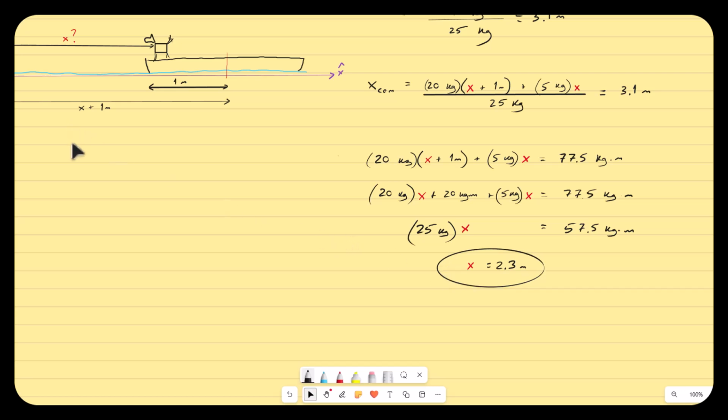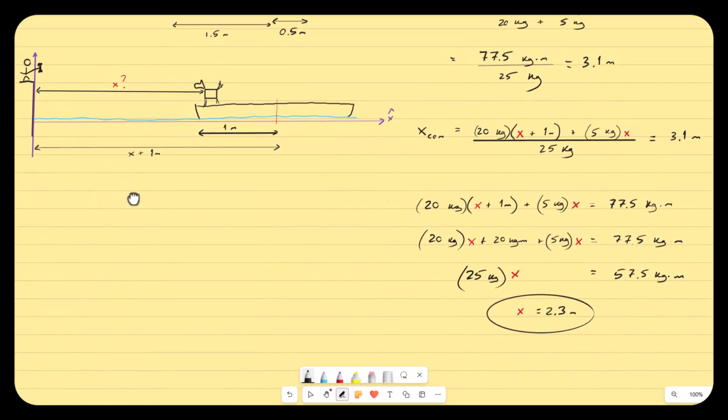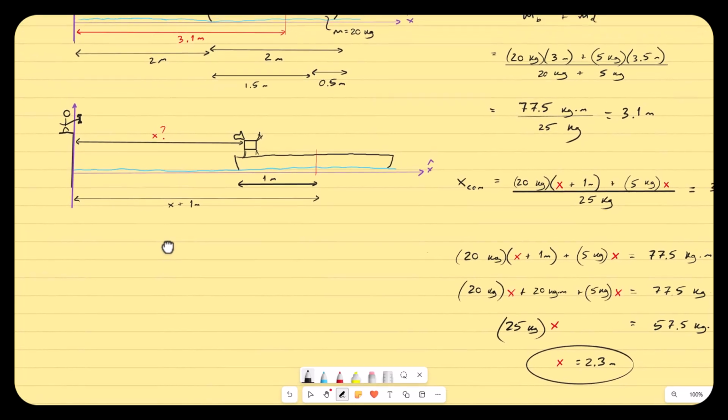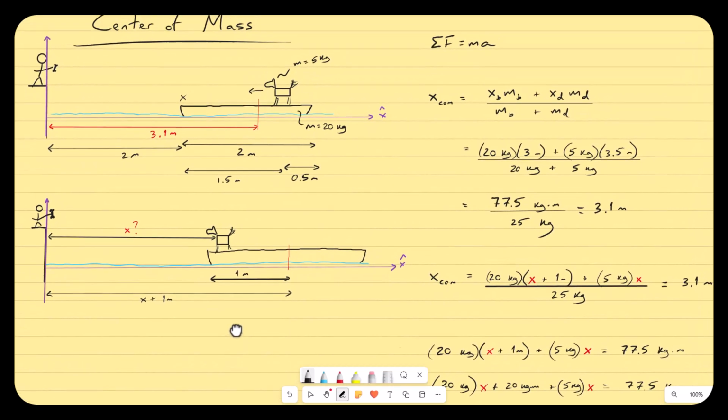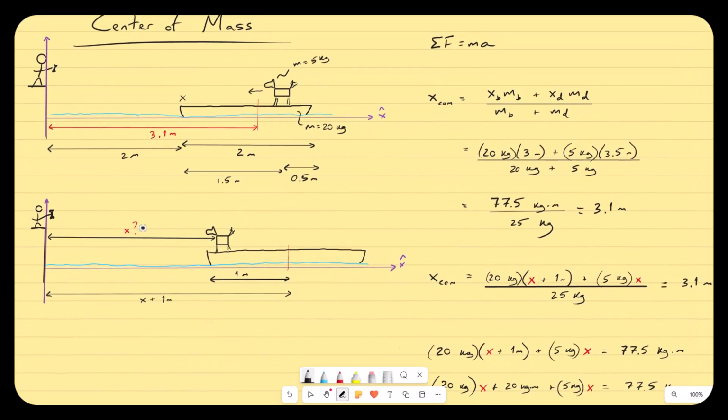So let's see what I've actually solved for. The dog is now 2.3 meters from shore. It's at the far left side of the boat. So we just found that this is 2.3 meters. It's at the far left side of the boat. The far left end of the boat was 2 meters from the shore.